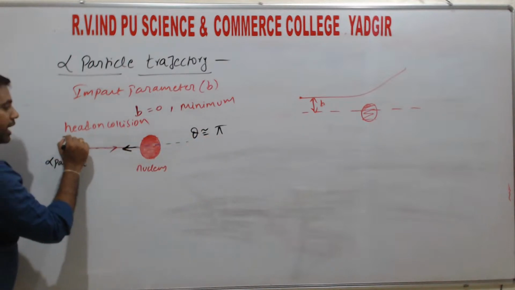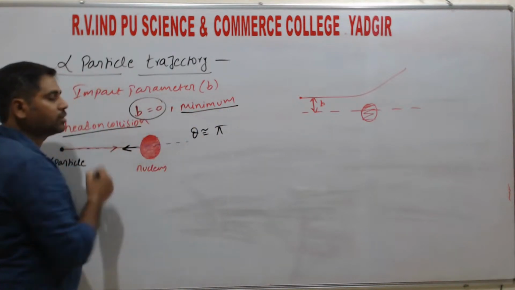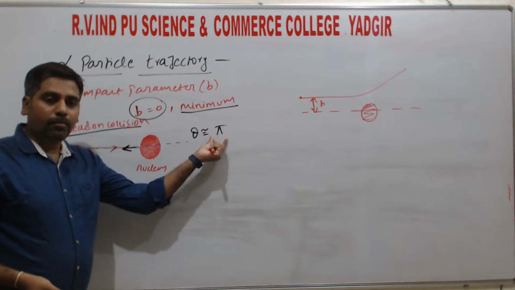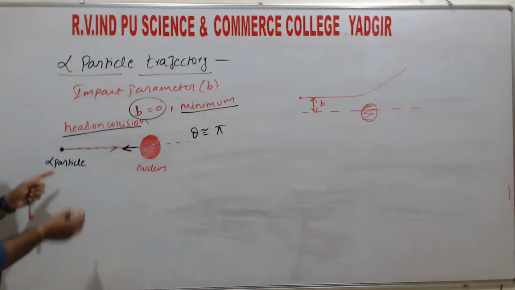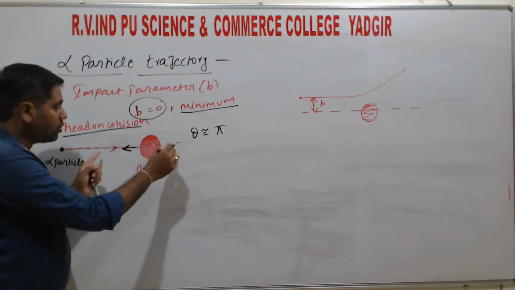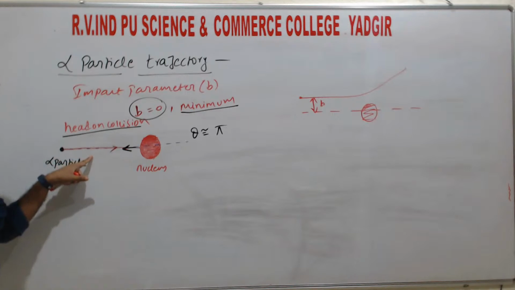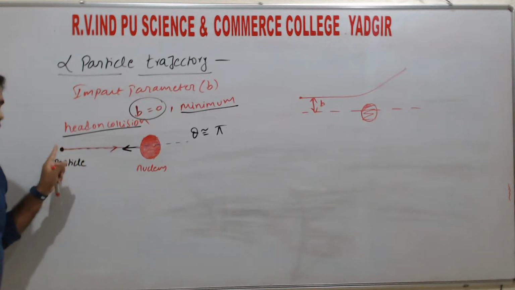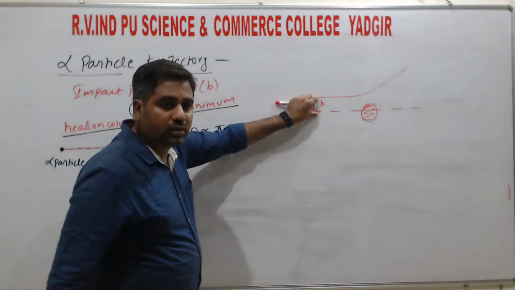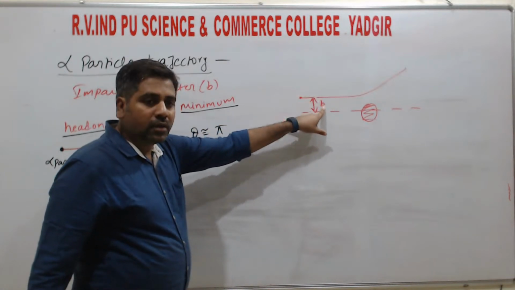So during head-on collision the impact parameter is minimum, that means the b value is 0, then the scattering angle theta is almost equal to pi, right? So understand this one, because the alpha particle for the head-on collision lies along the axis of the nucleus, right? So there will be no perpendicular distance between the alpha particle and the nucleus, because these two lie in the same plane, hence the b value is 0.